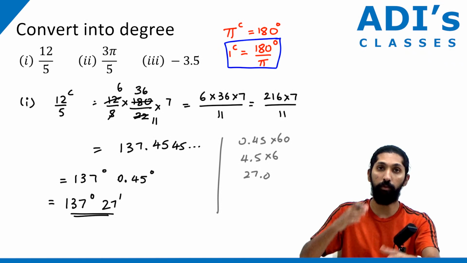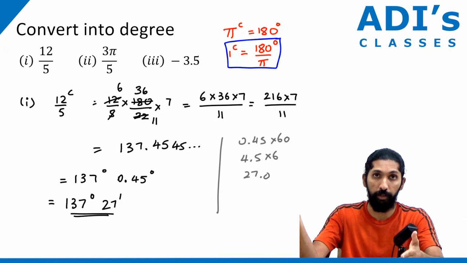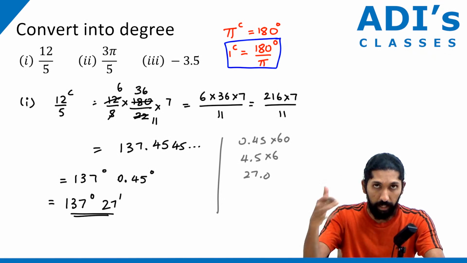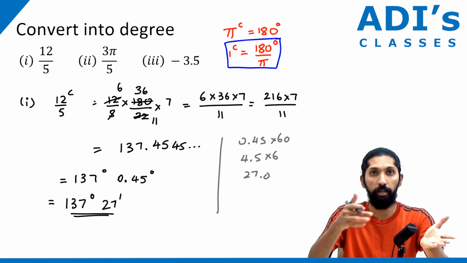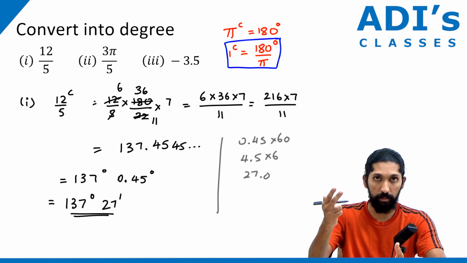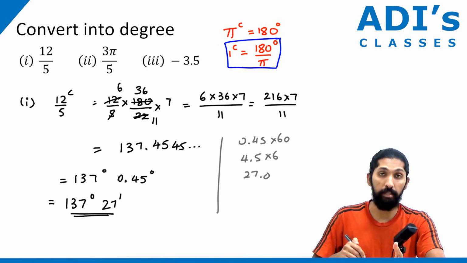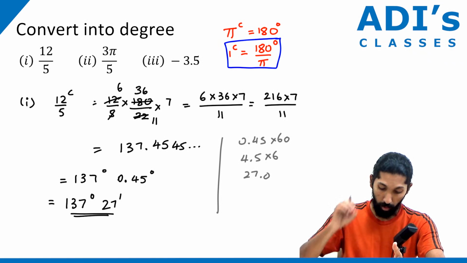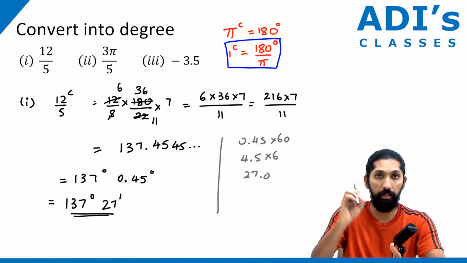I mean, you can if you want, because it's 0.454545. You can take up to seconds also, which is going to be a little more accurate. But here we are not looking at that much accuracy. So take just two decimal places, cut into minutes. This is the answer for the first question, which is 137 degree 27 minutes.